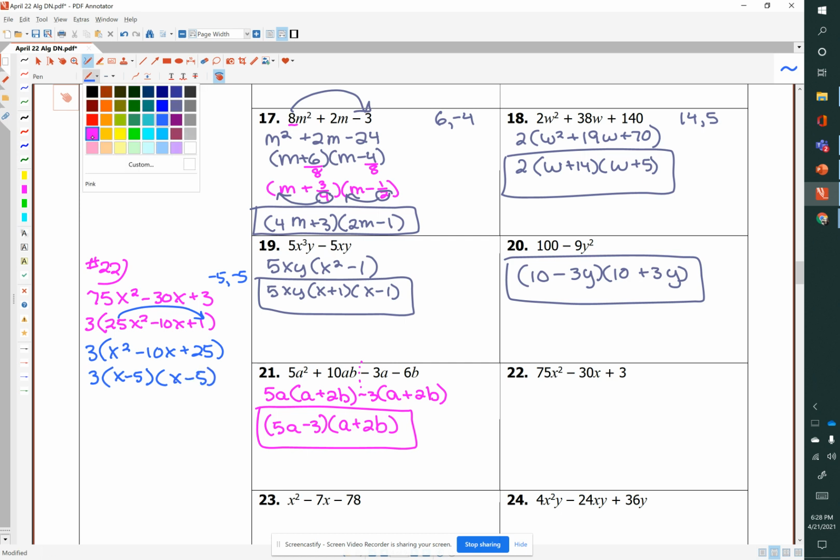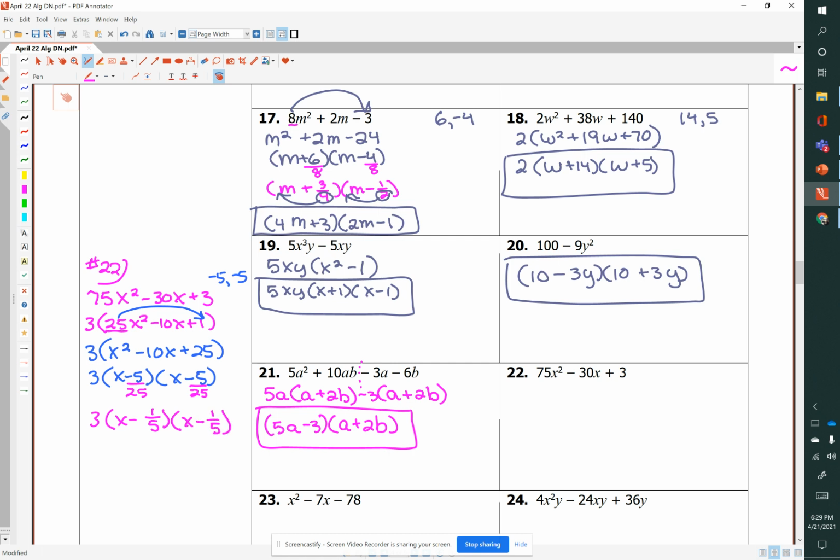Now I need to go back to that leading coefficient of 25 and divide these factors by 25, because my goal is to get the new leading coefficient for my fully factored binomials there. So let's simplify. So there would be x minus 1/5, x minus 1/5.